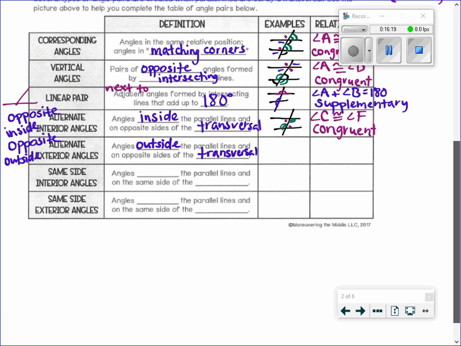So if I make a tiny little parallel line transversal here, they're going to be on the outside now. So this angle will match that bottom angle there. They're opposite of that transversal and they're on the outside of the parallel line. And then this angle will match that angle.